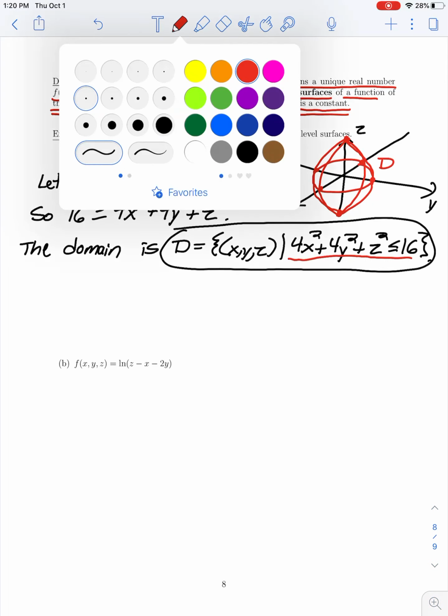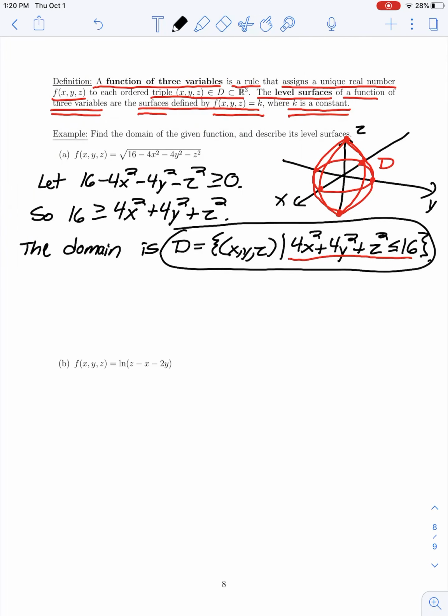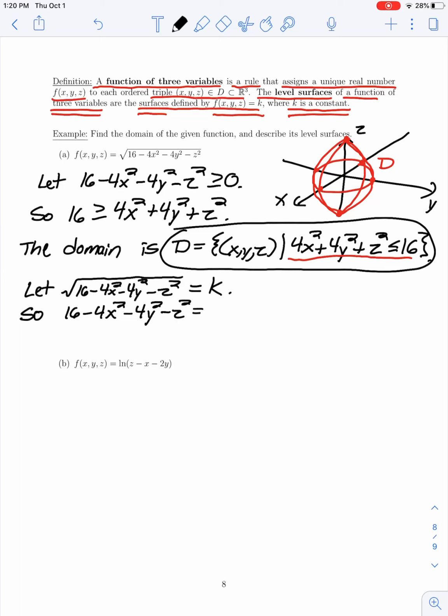Now we were also asked to describe the level surfaces of this function. So the level surfaces, again, are defined by taking the function and setting it equal to some constant k. So simplifying this equation, if we square both sides, we would have 16 minus 4x squared minus 4y squared minus z squared is equal to k squared.